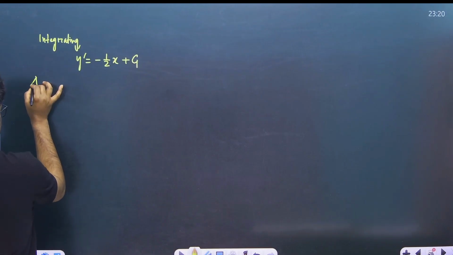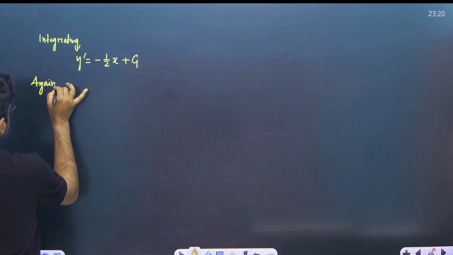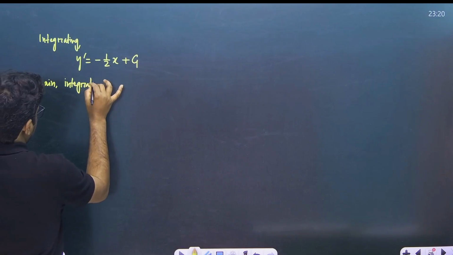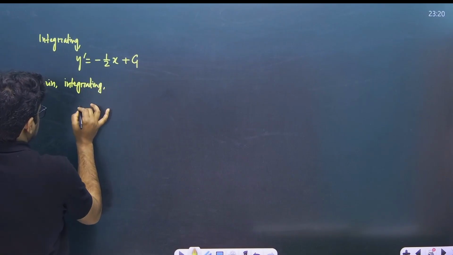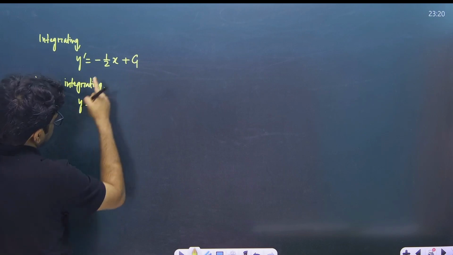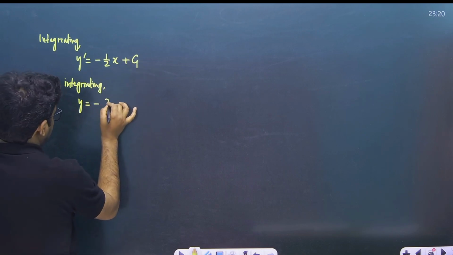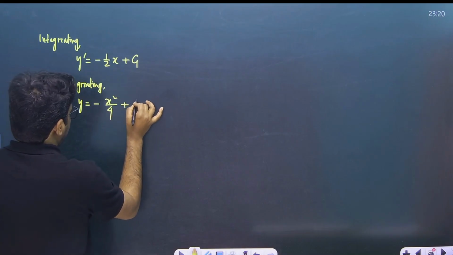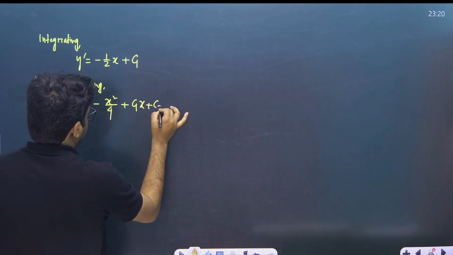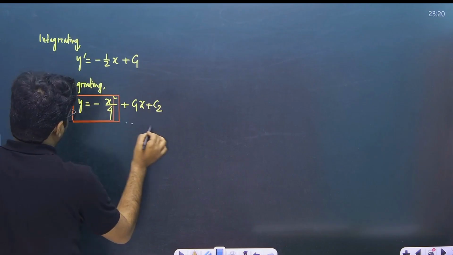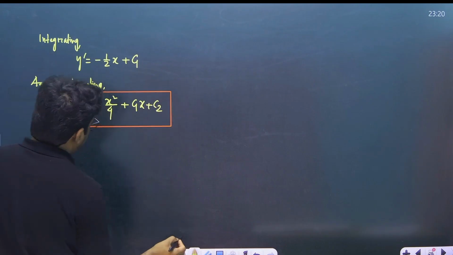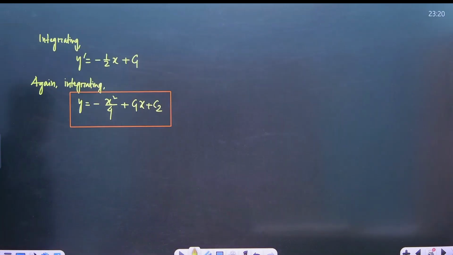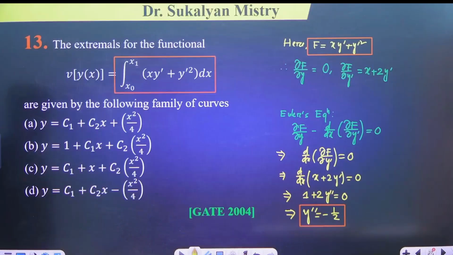Again integrating, y is equal to minus x square by 4 plus c1x plus c2.